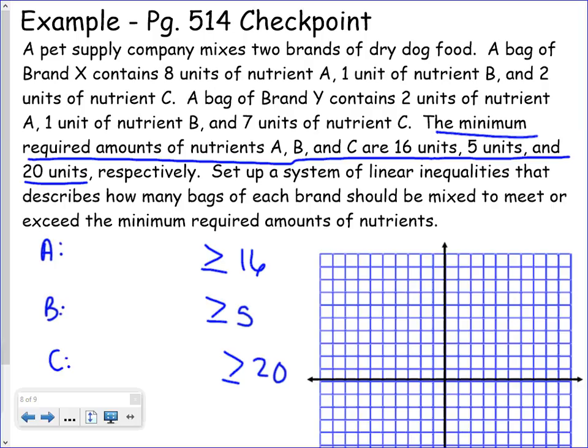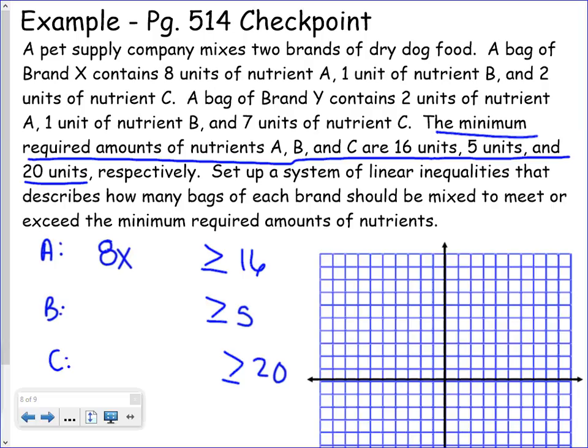So if you want your A's to be greater than or equal to 16, how many units of A do you get from brand X? 8, I think. 8 units from brand X for nutrient A. So if I buy 1 bag, I'll get 8 units. I'll be halfway there. If I buy 2 bags of brand X, then I'll be up to 16 and I'll have met my requirement.